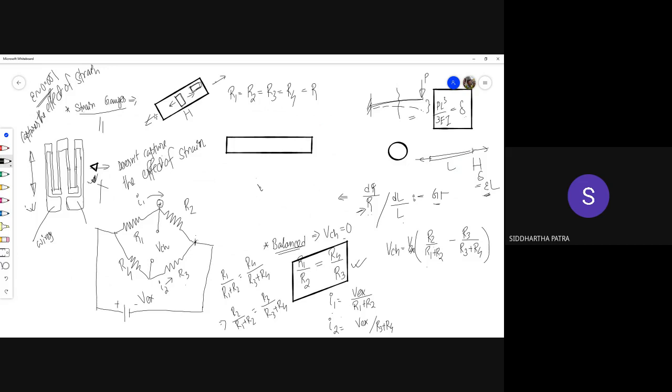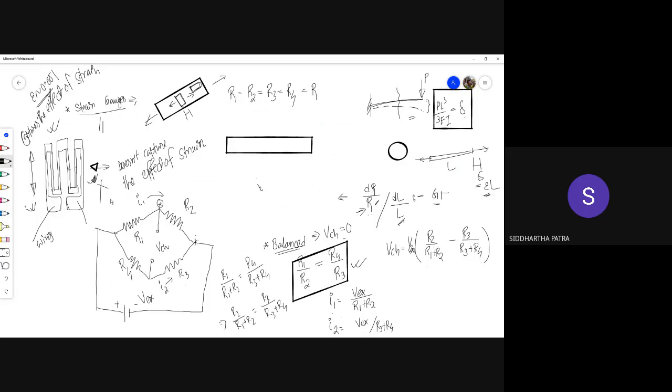And because these narrow strips only elongate, they experience strain, and as a result a change in resistance. So in this direction it is sensitive to strain in the vertical direction, and in the horizontal direction it is not.